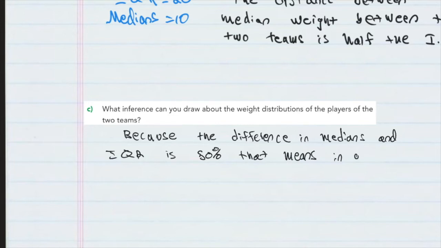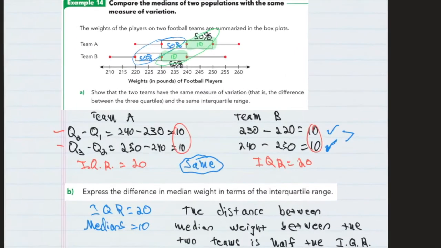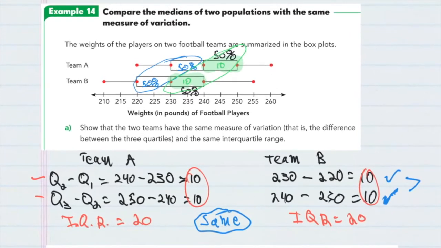So in general, team A is heavier. Okay, because as you look at it, and let me just do some more erasing so you can look at this again, a fresh start.